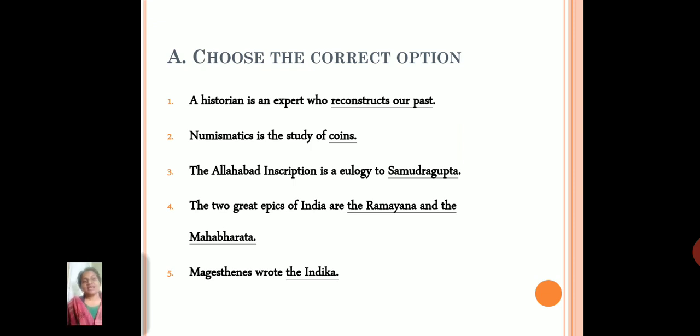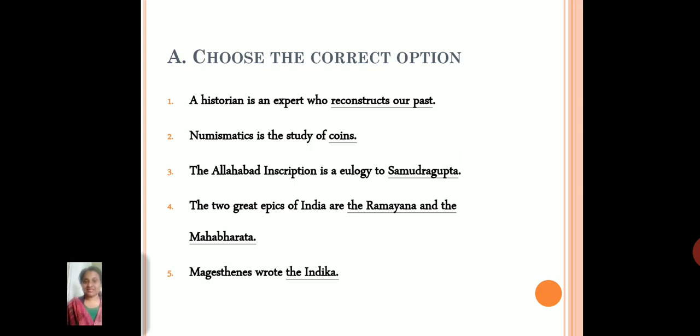Alright. Now the third one, the Allahabad inscription is a eulogy to blank. Our options in the textbook are Samudragupta. The second option is Ram Gupta. The third is Shri Gupta. And the fourth option is Chandragupta.